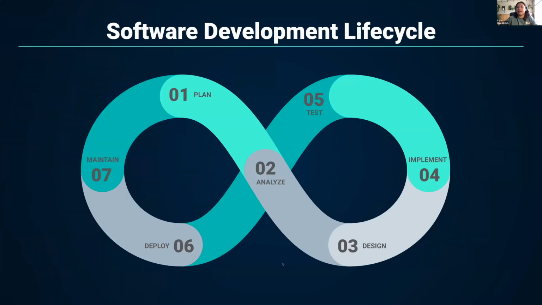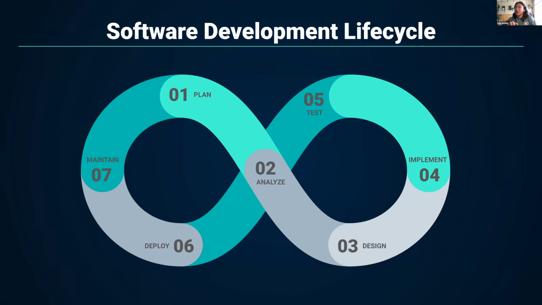If you're not already familiar with the software development lifecycle, this is a pretty common one that is usually used when people refer to SDLC nowadays. It comes from the Agile SDLC model, but there's a ton of different models.